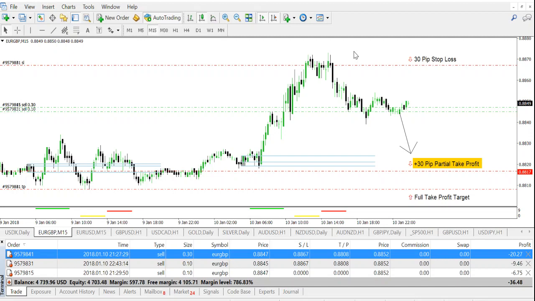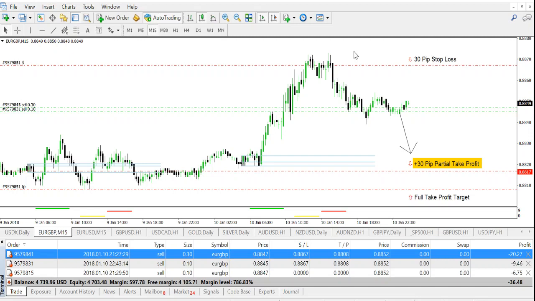But again, very important: 30 pips in profit, take some off the table, and minimize your losers by taking partial risk off the table when it goes against you. And make sure you always move your stop loss down to break even once the trade goes into profit for you. So that's really about all I wanted to discuss with you.